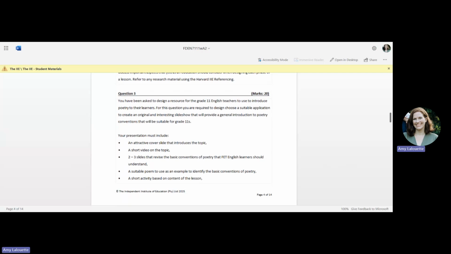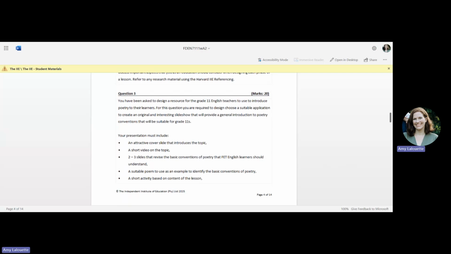So you are required to choose a suitable application to create an original and interesting slideshow that will provide a general introduction to poetry conventions that will be suitable for grade 11s. So there are a lot of different applications you can use. You can use straightforward PowerPoint, you can use Canva. I'm sure there are a lot of different applications.